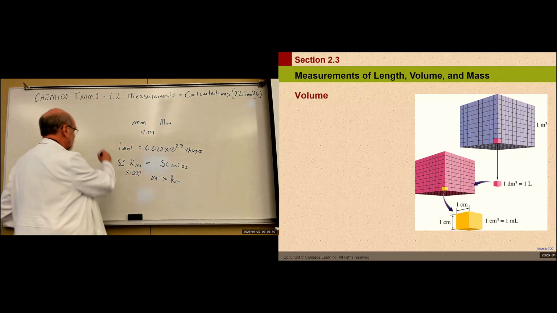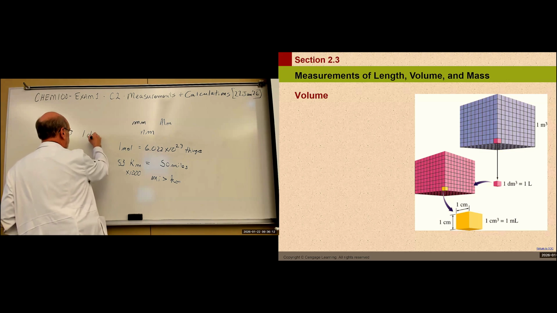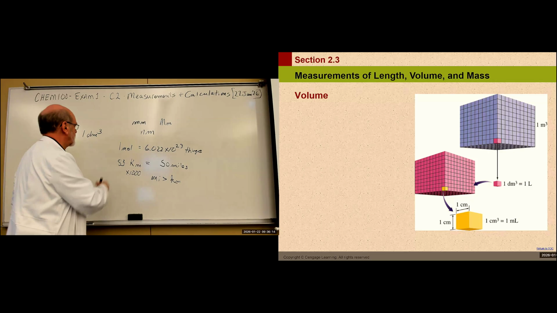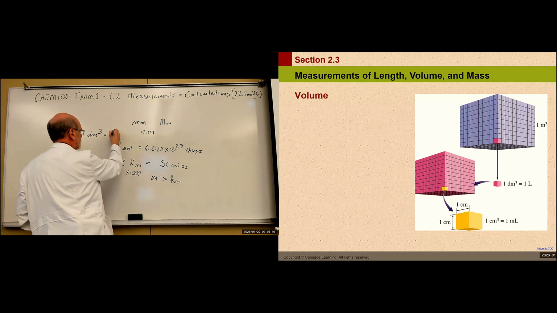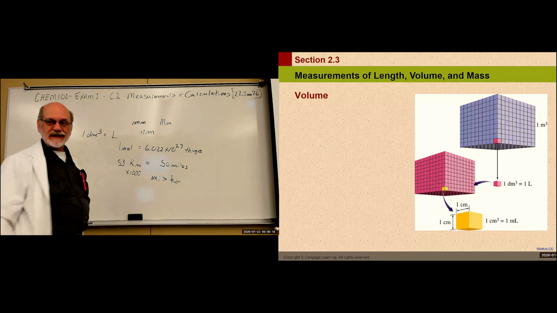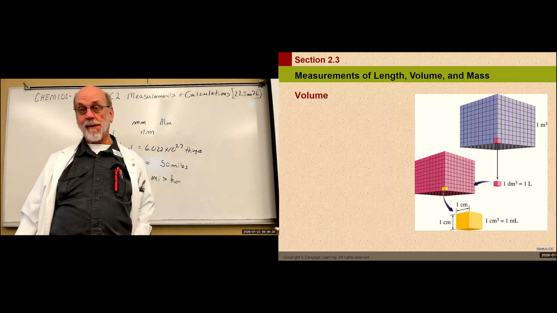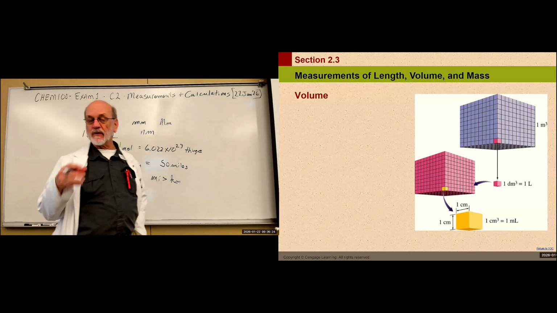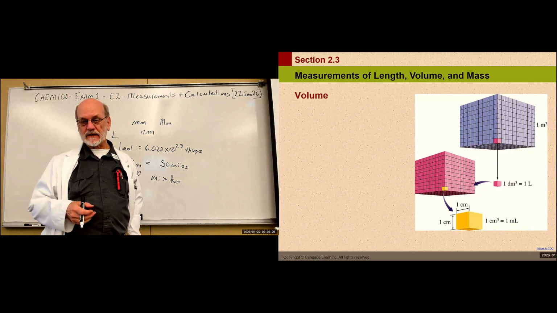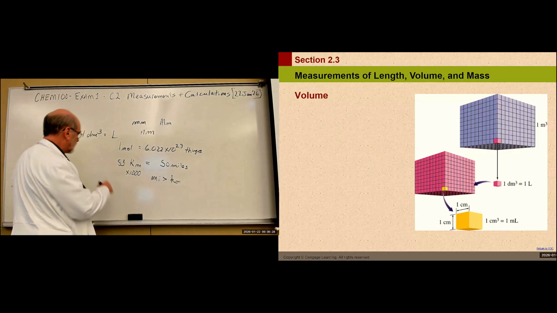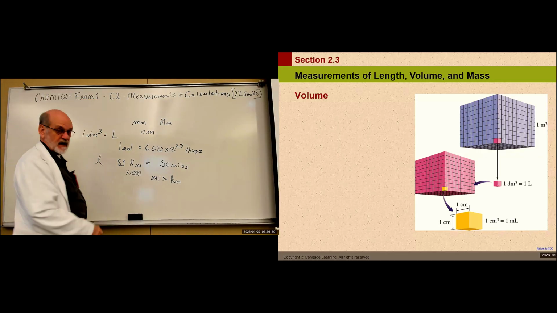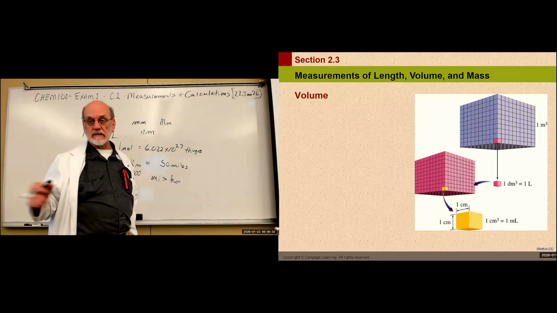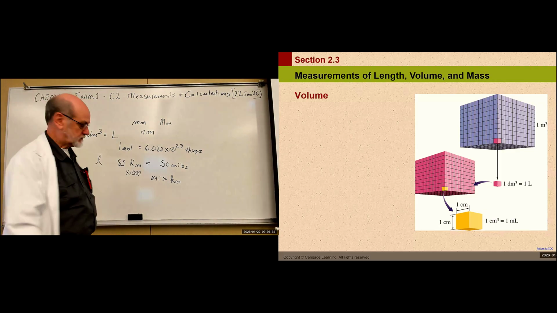A cubic decimeter is equal to a liter. Okay? Now, liter is always a capital L. If you see it written this way, for any reason, that's not a liter. I don't know what it is. It's just an L.